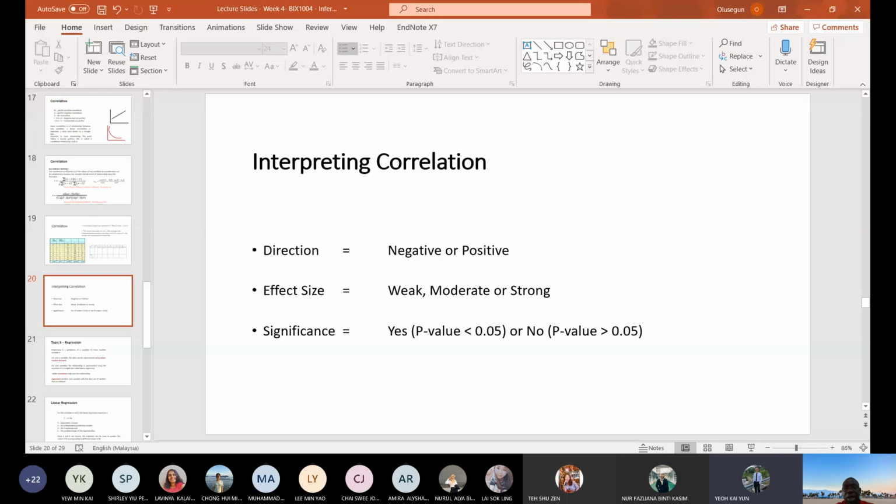Hopefully, okay. By the time we do an analysis, we will see the p-value.